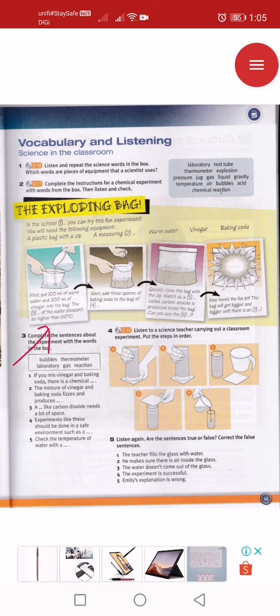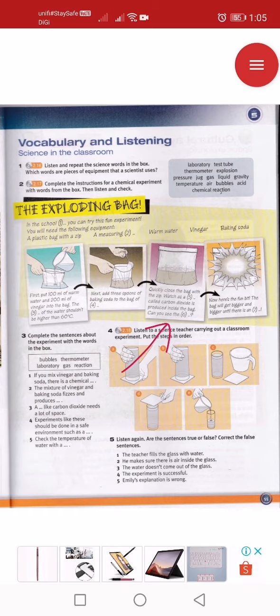The temperature of the water shouldn't be higher than 60 degrees Celsius. Next, add 3 spoons of baking soda to the bag of liquid. Quickly close the bag with the zip.